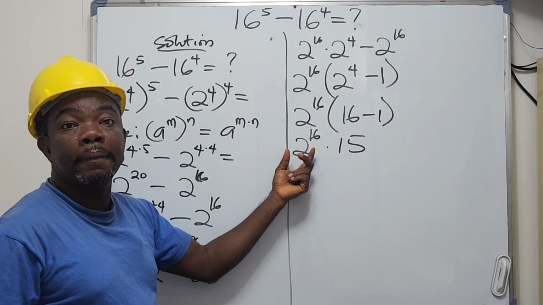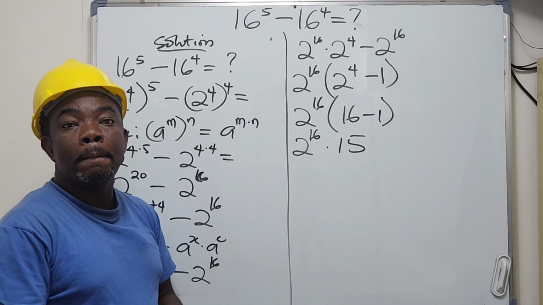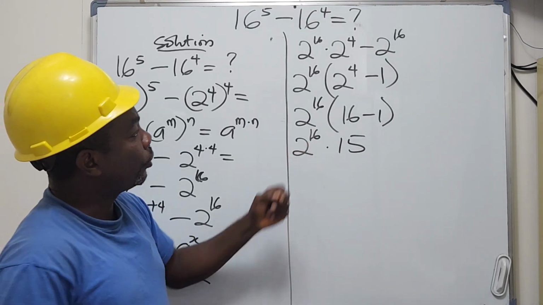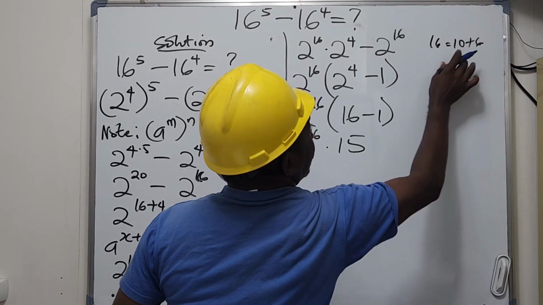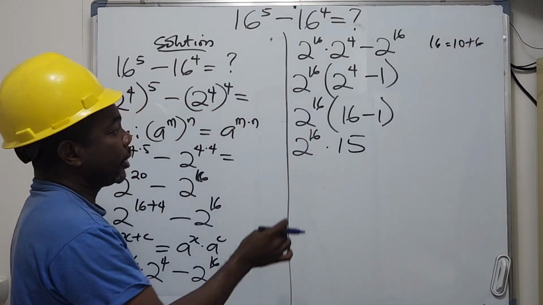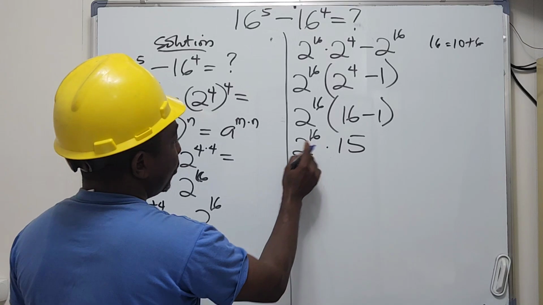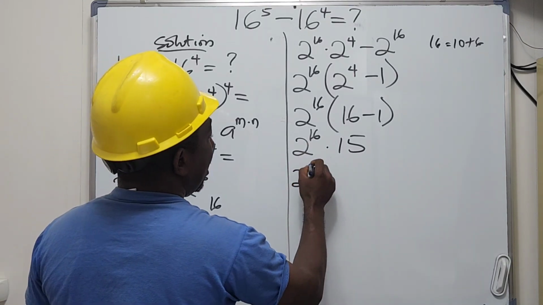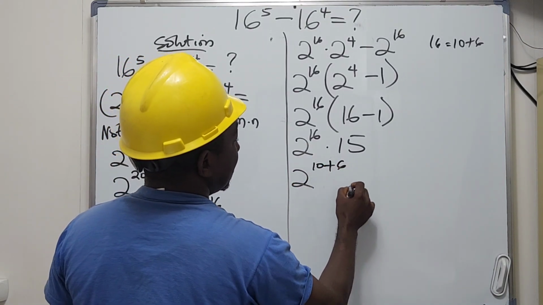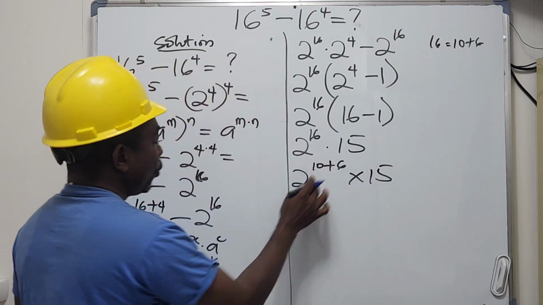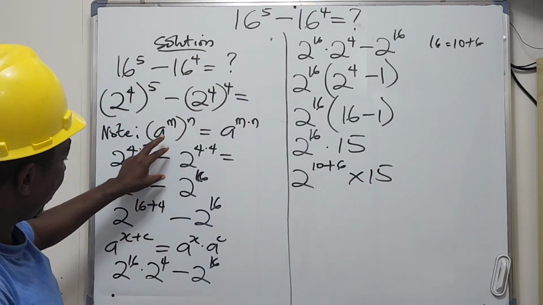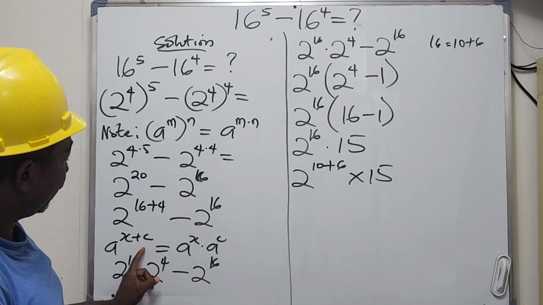So 16 here can be written as 10 plus 6. So we have here 16 equals 10 plus 6. So we are going to substitute 10 plus 6 in the place of 16. So this will become 2 to the power of 10 plus 6, then we multiply by 15. So we said before, we can express that in this format.